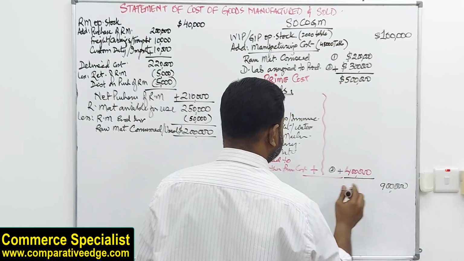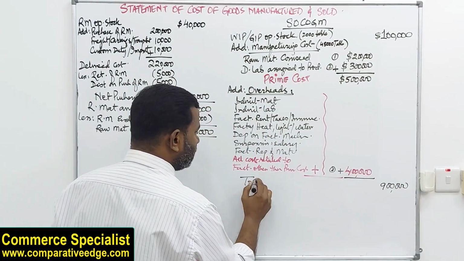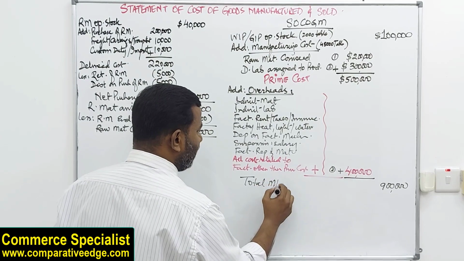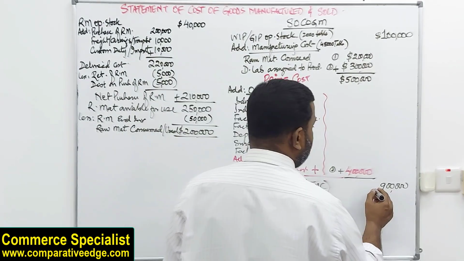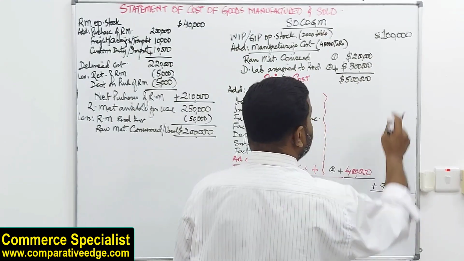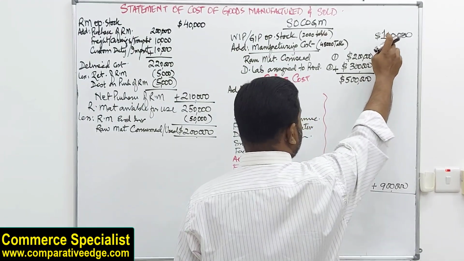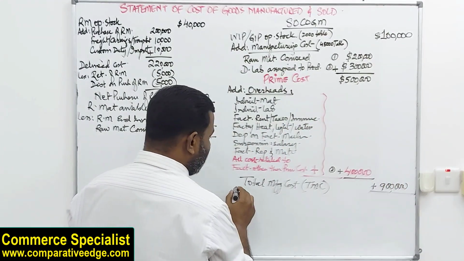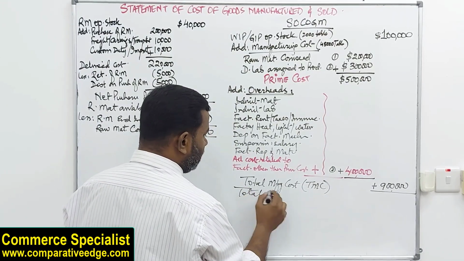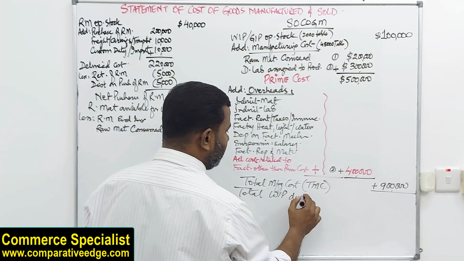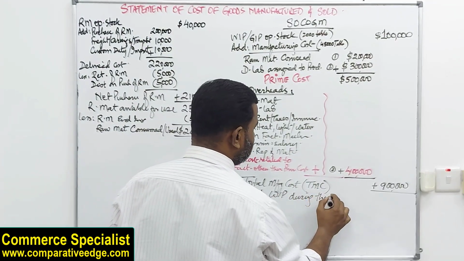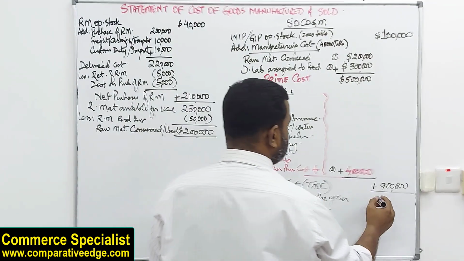This 900,000 is known as total manufacturing cost. I have named it as TMC. Now what you're going to do is you're going to add this with your opening work in process, 1 plus 9. So you will get total work in process during the year, which is 1 million.